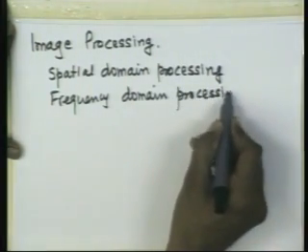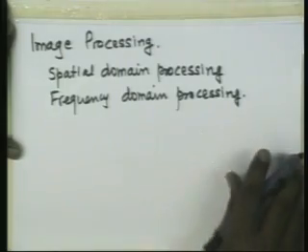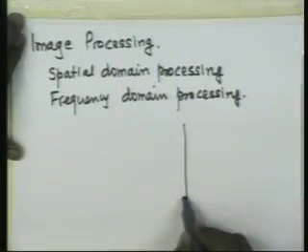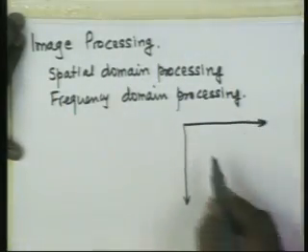Okay. Now, before going into details of either of these, first I'd like to just give you a flavor of what each of these consists of. So spatial domain processing basically deals with neighborhood properties of the pixels. If I have an image, the image is basically a matrix of intensities.